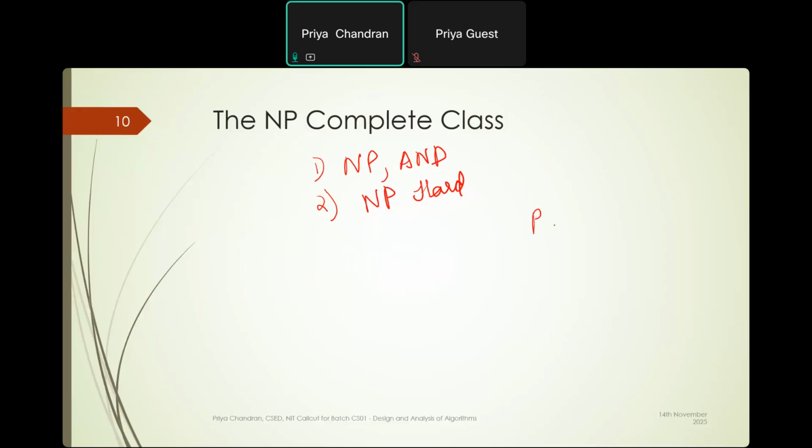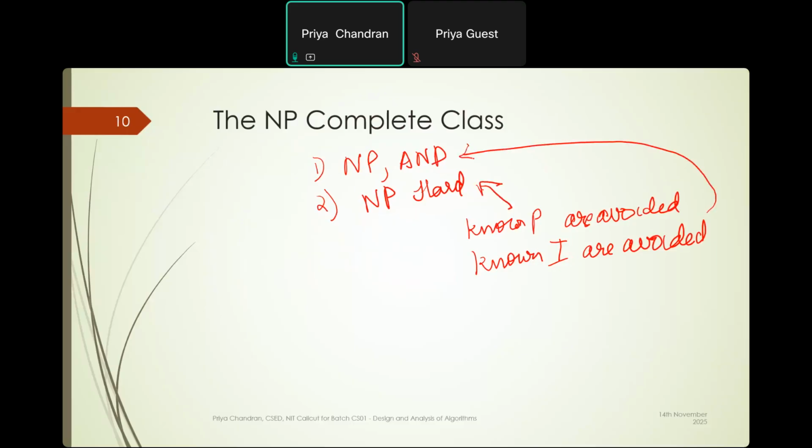So we can say that known P are avoided, known I are also avoided. Known P are avoided because we want it to be NP hard. Known I are avoided because we want it to be NP. Okay. So that is the NP complete class.